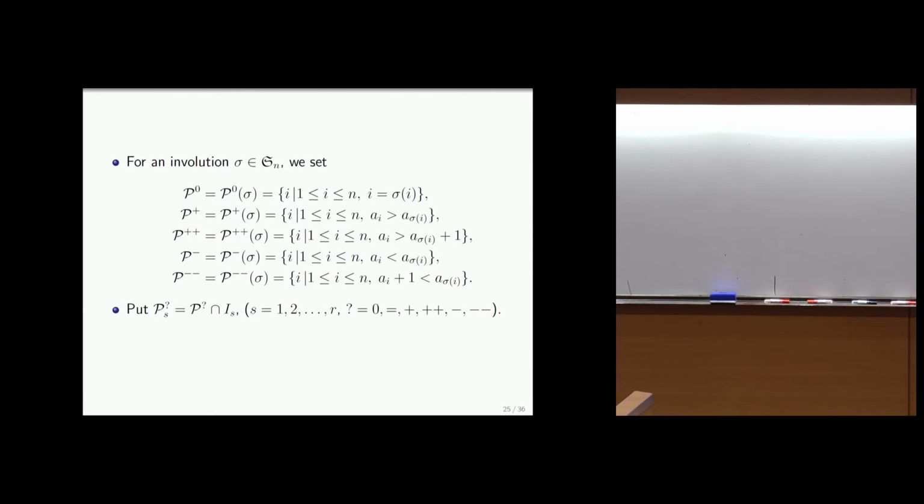For an involution sigma in the symmetric group S_n, we set P_0 to be the fixed points of sigma, and P plus is the set of i such that A_i is greater than A_{sigma i}, and P plus plus is the set of i such that A_i is greater than A_{sigma i} plus 1, and we can define P minus and P minus minus.